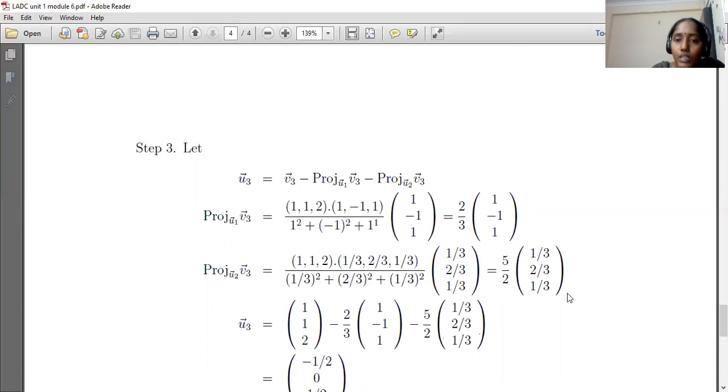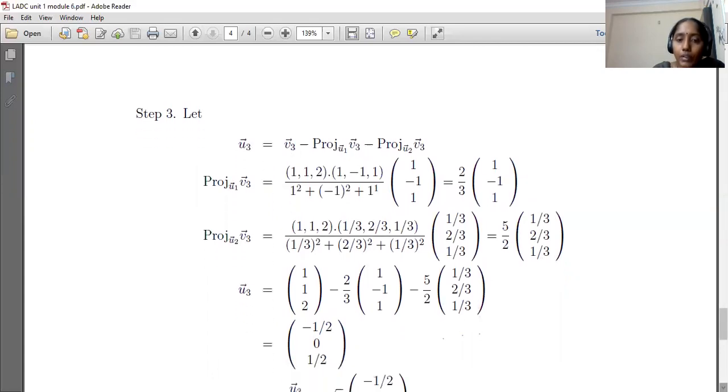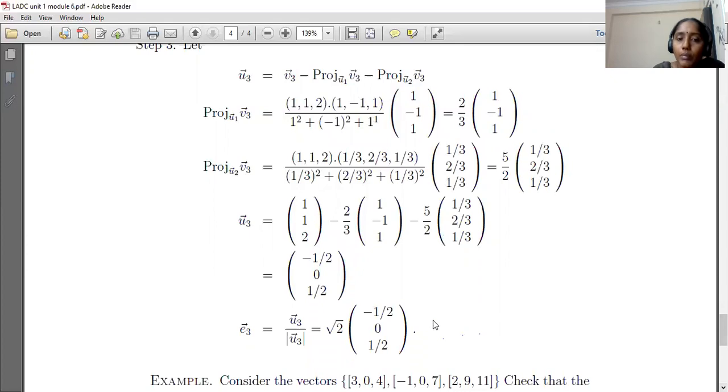Now substitute these values in the formula for U3. Then you will get minus 1 by 2, 0, 1 by 2 as the vector. After finding this, again check whether U1 dot U3 is 0 and U2 dot U3 is 0 or not. If you are not getting 0, you made some mistake somewhere in the calculations. So recheck and find U3 again.